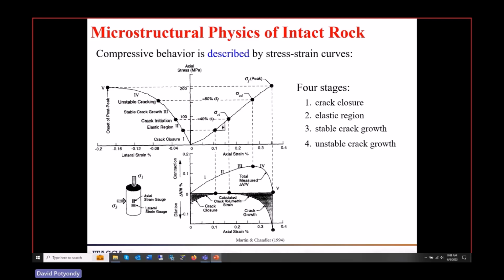So any of these microstructural models, as long as they produce micro tension when you squeeze them, will exhibit these different behaviors.